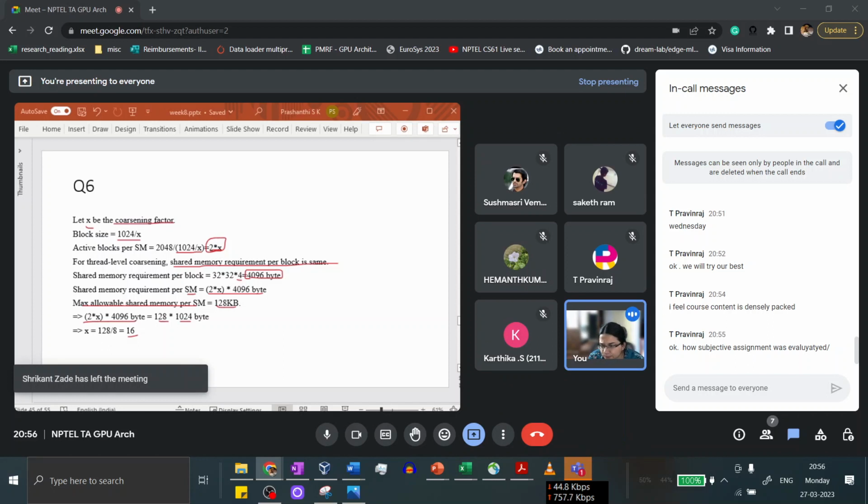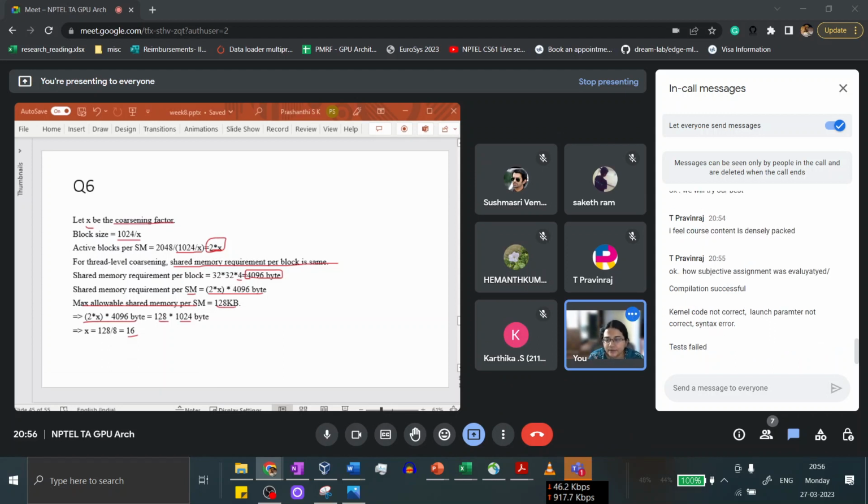So there might be two ways they could have evaluated it. They might have simply used a script to check if your output matched. Okay, compilation successful, kernel code not correct, launch parameter not correct, syntax error, test failed. Okay, this looks like an automated evaluation, right? So they might have had some script check your code and how it worked with those test cases.